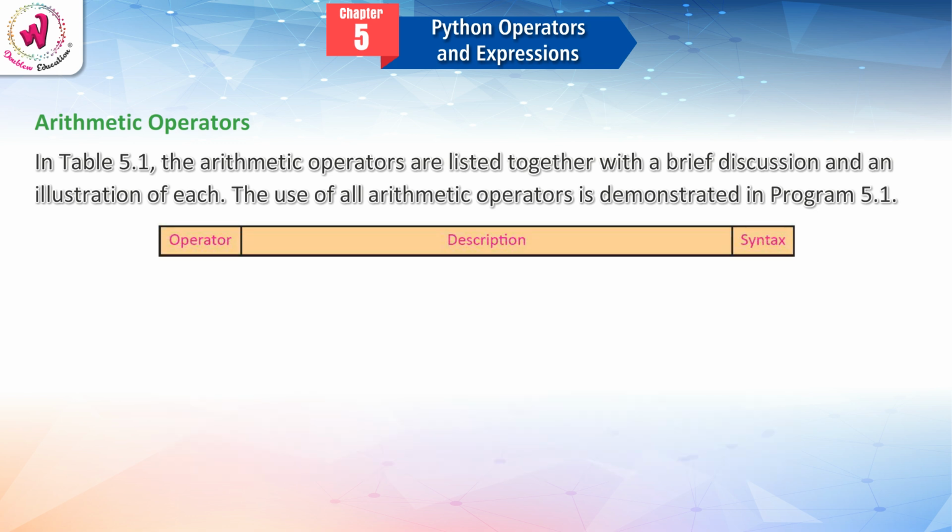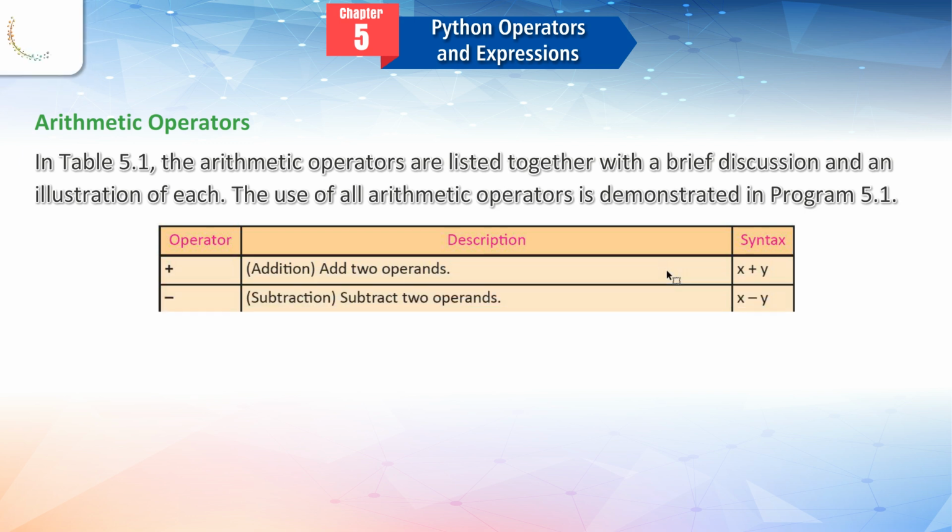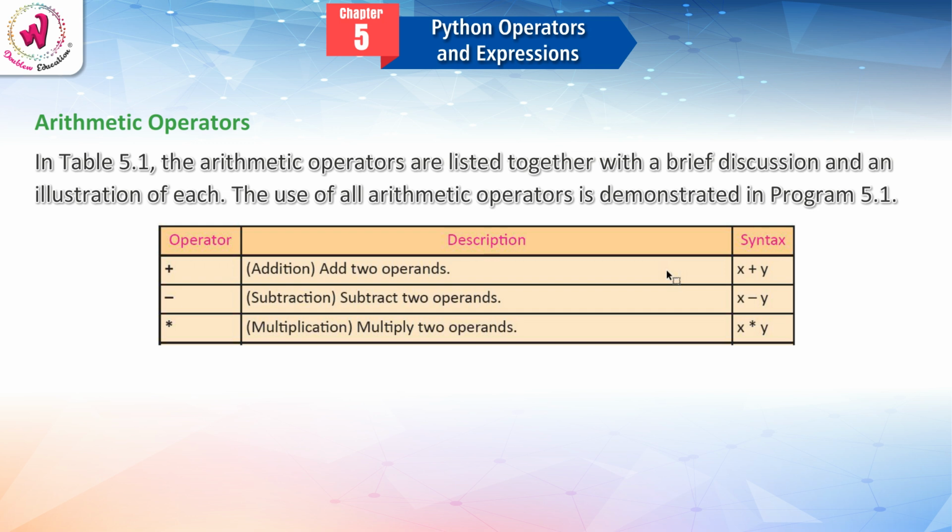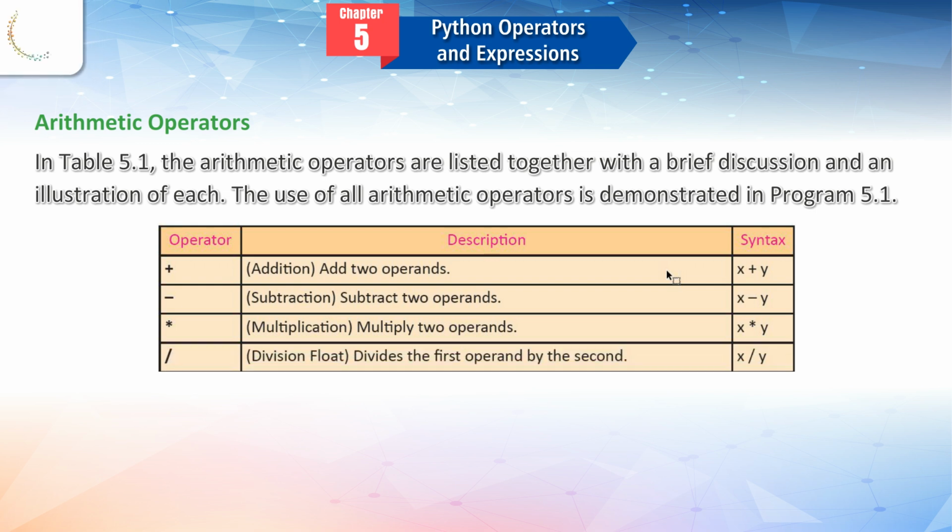Operator, description, syntax. Addition: add two operands, x + y. Subtraction: subtract two operands, x - y. Multiplication: multiply two operands, x * y. Division (float): divides the first operand by the second, x / y.